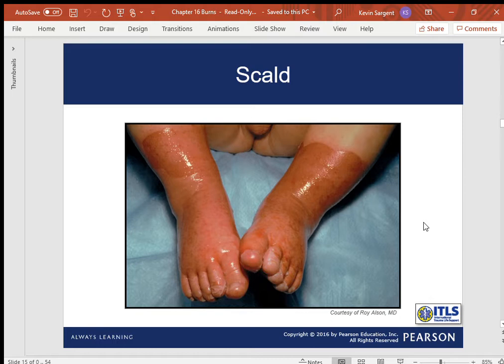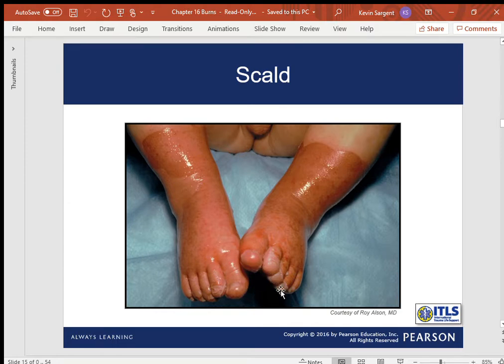One thing to think of when you look at this picture here, you want to look at what they call the line of demarcation, which you see here where the burn stops. Okay, this is a child who was put down in the water on their feet. If you notice the bottoms of their toes, there are no burns there.